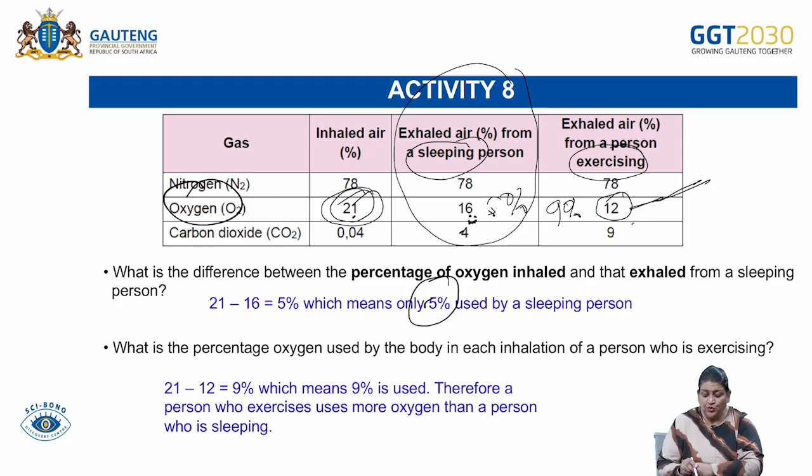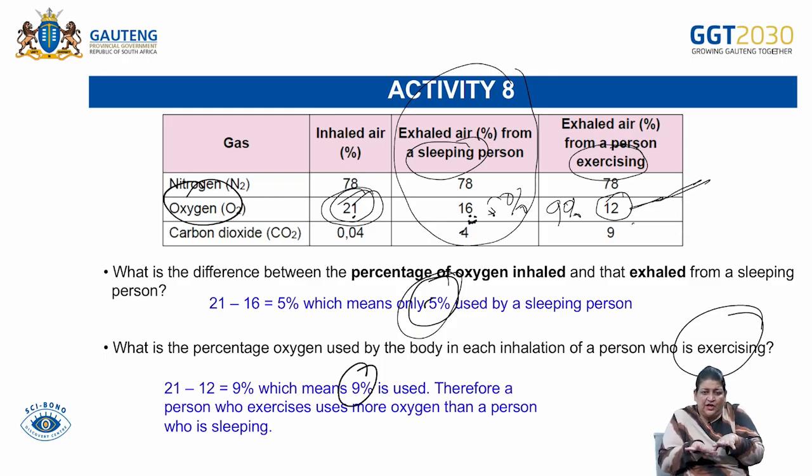So a person who is exercising uses more oxygen, 9%, compared to a person who's sleeping, which is 5%. So people who are sleeping or resting use less oxygen because the muscles are less active. But people who are exercising will use more oxygen because you need more respiration to produce more energy. And that's why the air that's exhaled will have a smaller portion of oxygen.